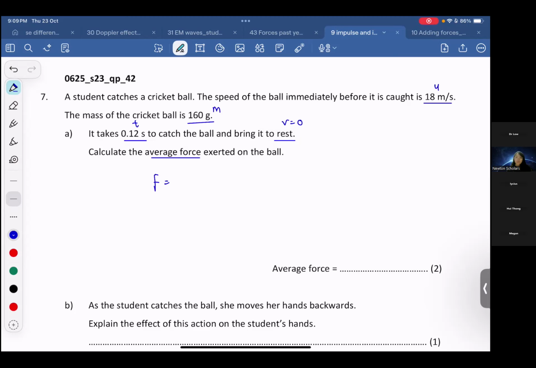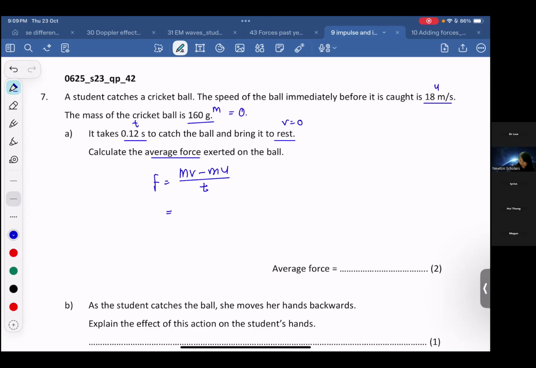What is the unit, Hui Tong? Always remember the unit. Emily, you forgot about changing gram to kg. Crystal, you forgot to change gram to kg. Hui Tong, correct. Always get used to writing the formula before you do substitution.